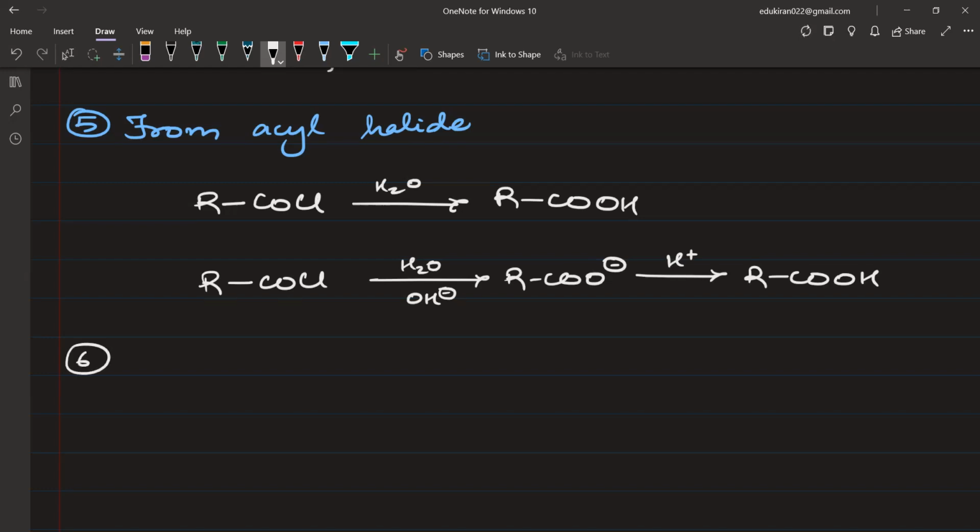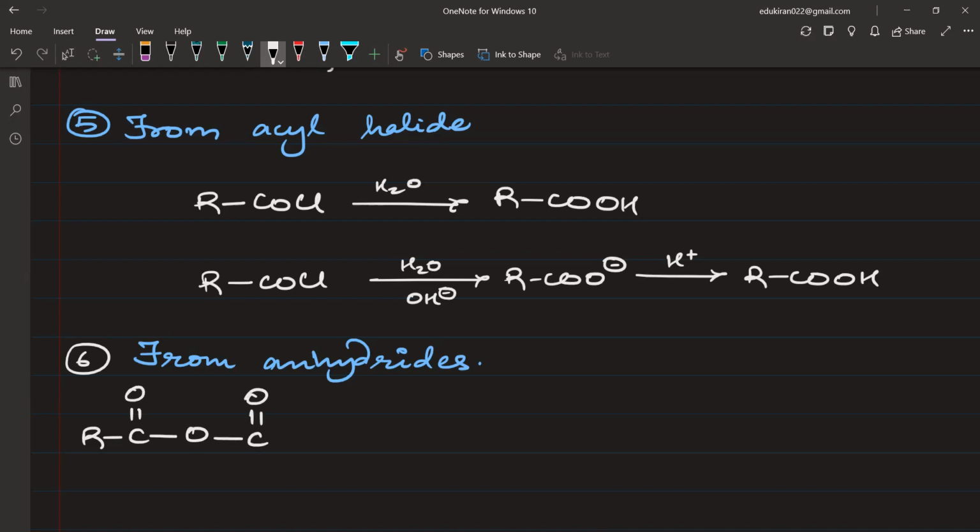Sixth one from anhydrides. What are anhydrides? Anhydride have a general structure in which you have R, C double bond O, bonded to O, then C double bond O, and then bonded to some R dash. Okay, when we do hydrolysis for this, what happens?